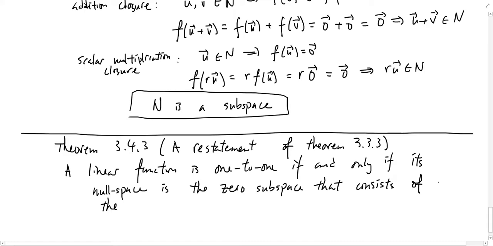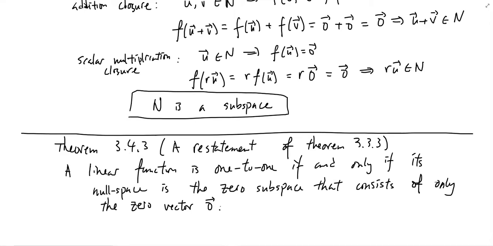Of only the 0 vector, and that will make the linear function 1 to 1. All right, now let me show you an example.